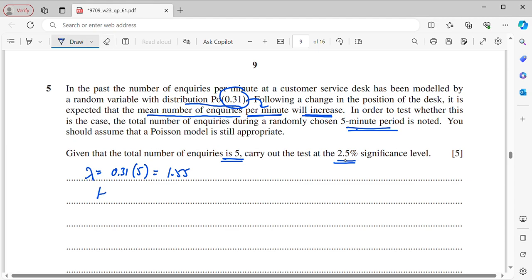So here I will write H0: lambda is 1.55. But now you believe that it will increase. Therefore, your H1: lambda greater than 1.55. Okay, and then this is the alpha value. So alpha is 2.5%, that means it is 0.025.